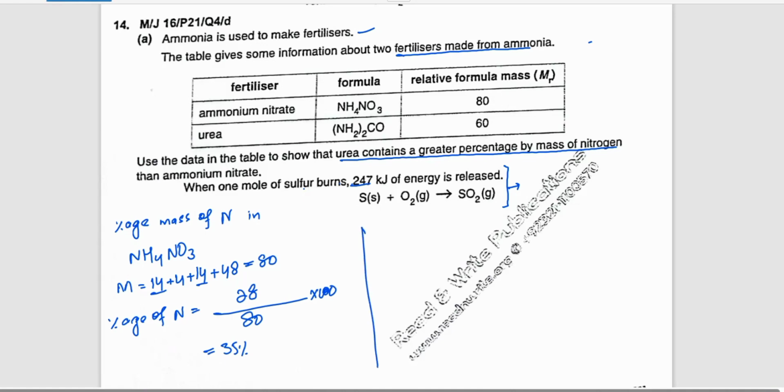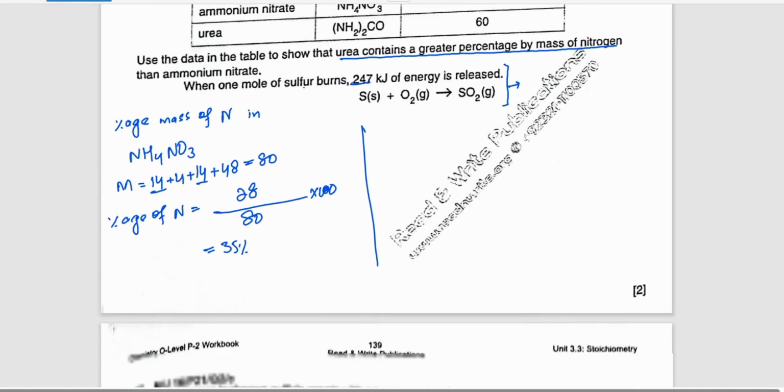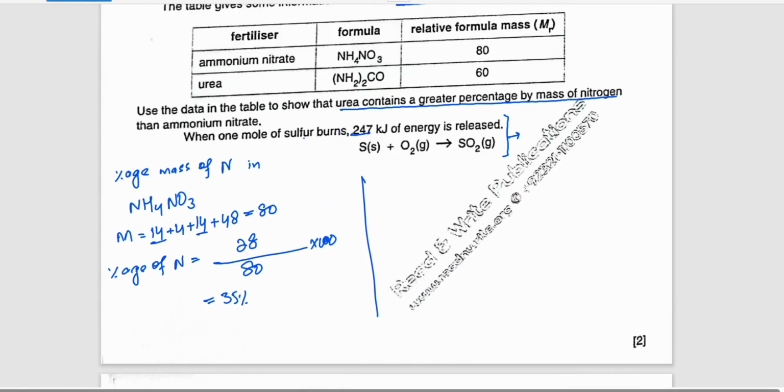Let's find out for the urea. This is ammonium nitrate and this is the urea. Urea is NH2 twice, CO. Let's find out its molar mass.